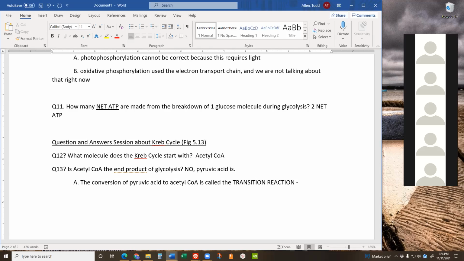You have to convert the end product of glycolysis into the starting material of the Krebs cycle. This is necessary to link glycolysis to the Krebs cycle.